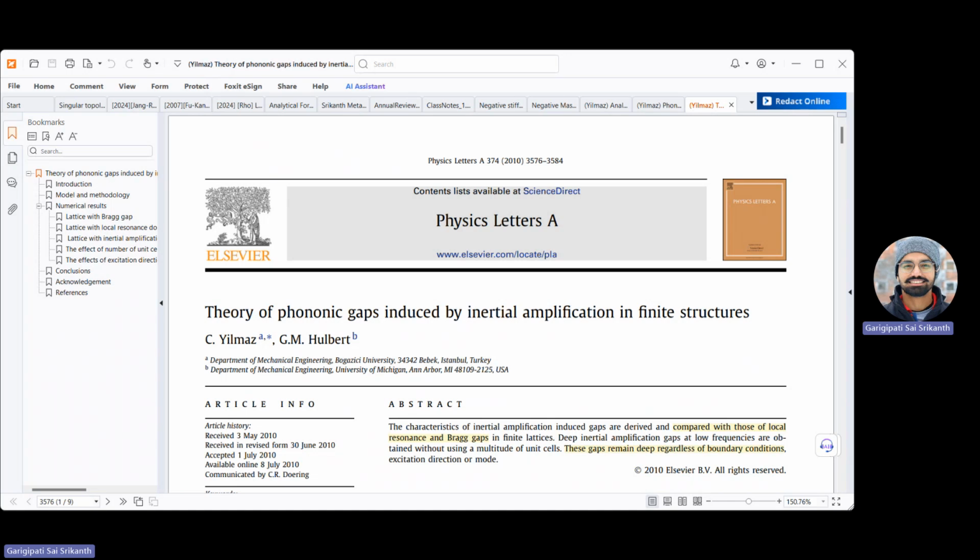in finite structures. Earlier we showed phononic gaps in infinite crystals. Here inertial amplification is covered at the band gap level, which is the infinite crystal, and what happens in finite structures.